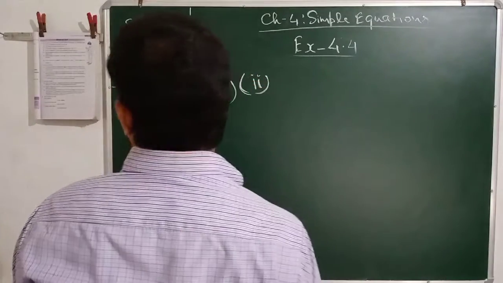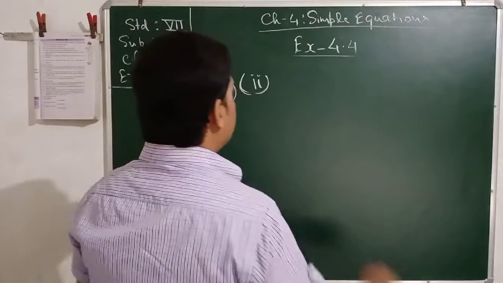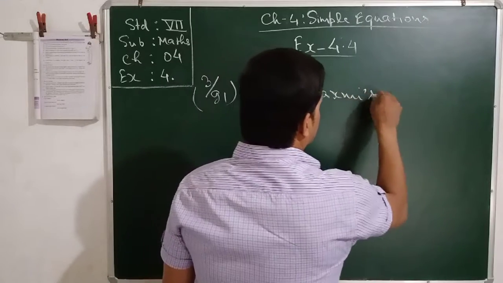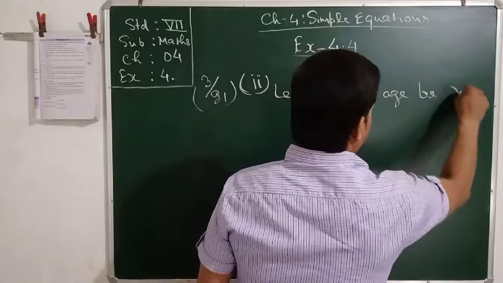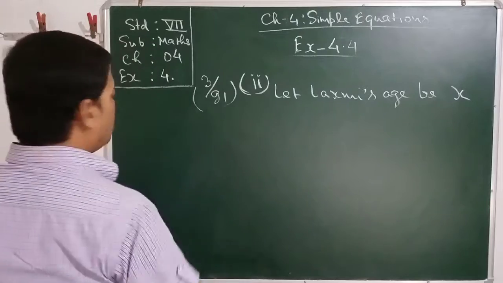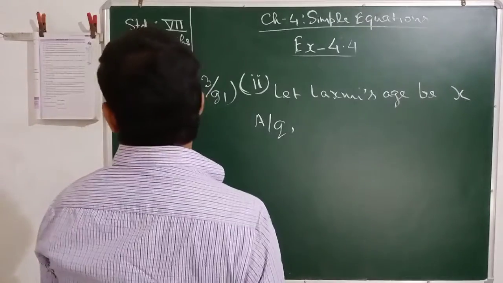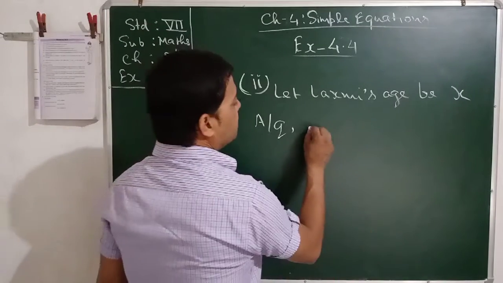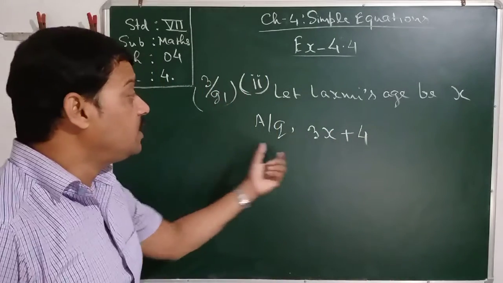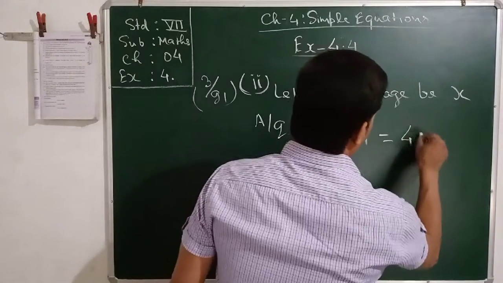In the second one, Lakshmi's father is 49 years old. He is 4 years older than 3 times Lakshmi's age. What is Lakshmi's age? Let Lakshmi's age be x. About his father, age is also mentioned. So according to the question, his father is 4 years older than 3 times Lakshmi's age. 3 times Lakshmi's age means 3x, and 4 years more means plus 4, equal to his age, given as 49 years.